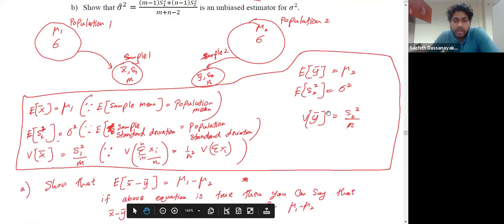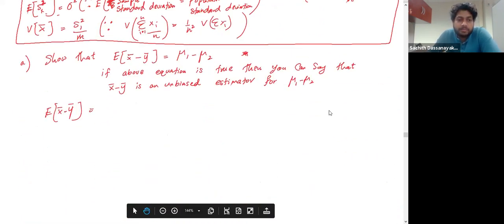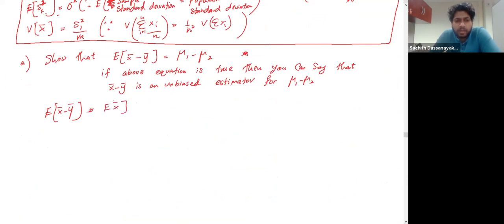You can consider them independent. So it is the expected value of x bar minus the expected value of y bar, because the samples are independent.